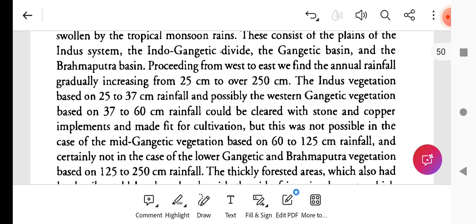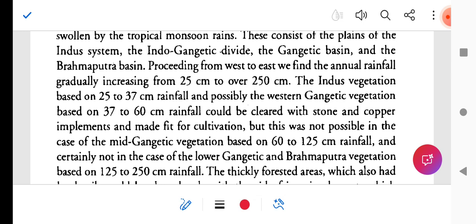And we can see the growing crops also in the western side of North India.